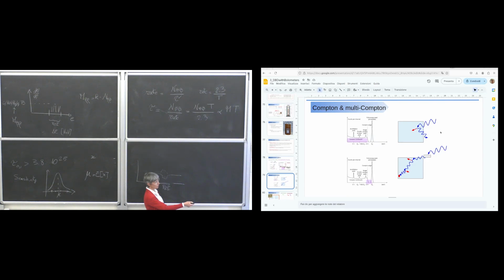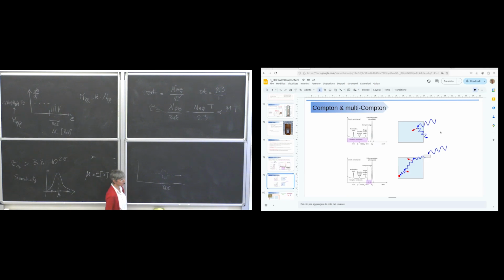Otherwise, you could have a Compton here, and then the photon is scattered toward the crystal. Here you have some energy that is transmitted to an electron inside this material that could be the copper holder. You lose a fraction of the energy, and then the photon enters here, interacts 2-3 times, and then is absorbed with a photoelectric. All the energy is deposited, and so you get something that is in here. So there are only few keV that are lost in here.